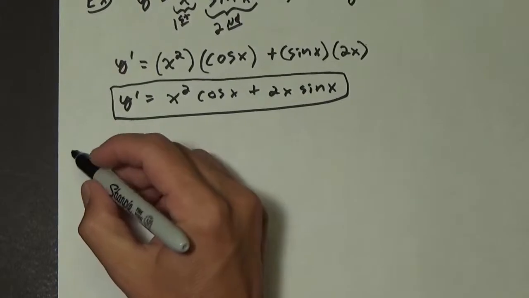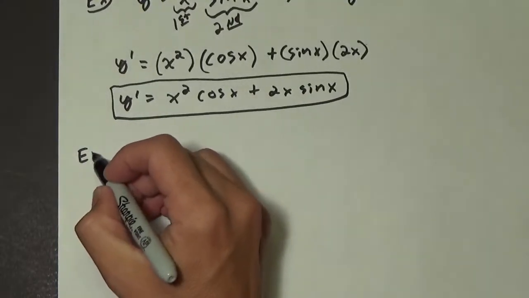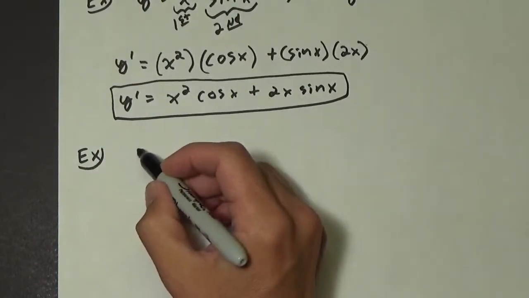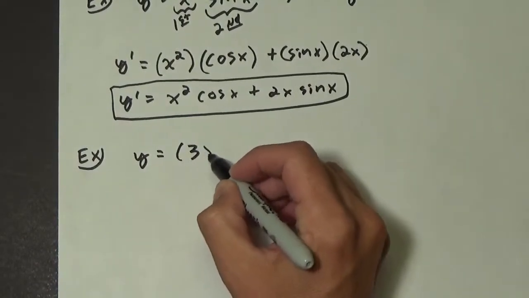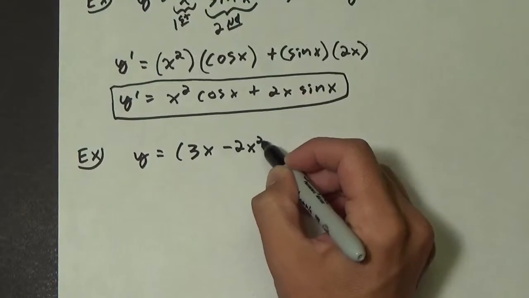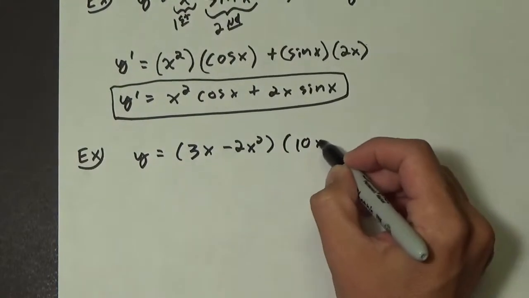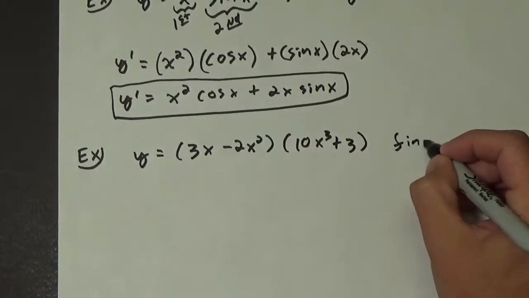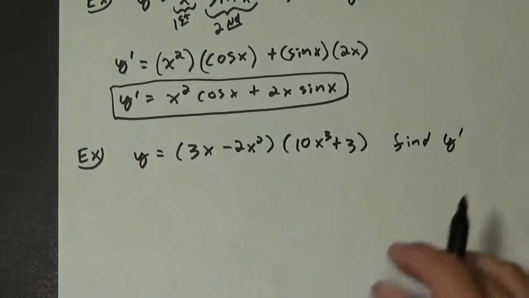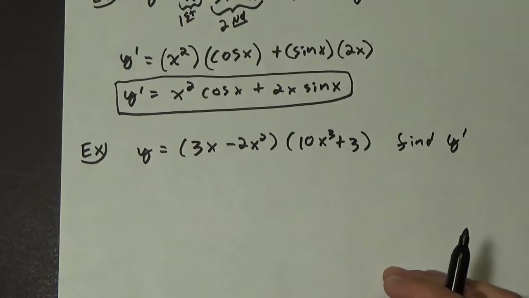Okay, so let's look at another example. Let's say we have y equals 3x minus 2x squared times 10x cubed plus 3. And we want to find y prime. Now in this case, there's actually two ways we could get this derivative.